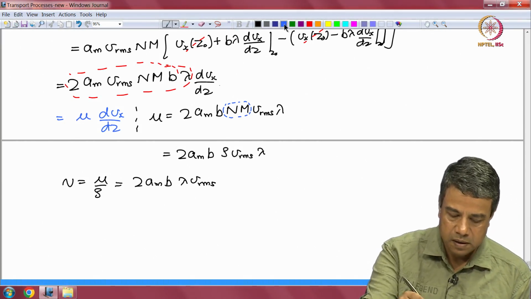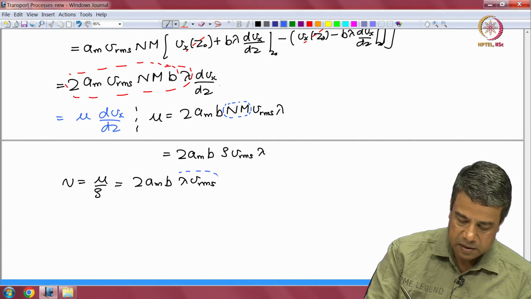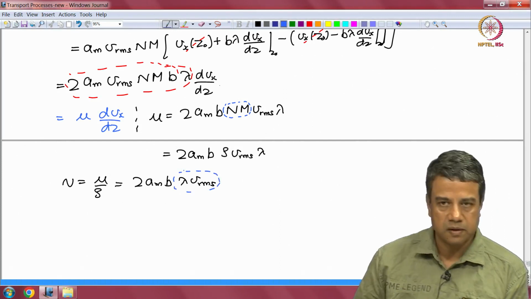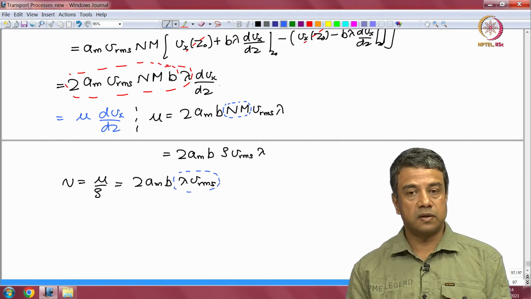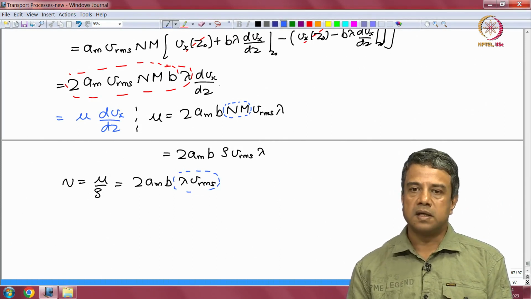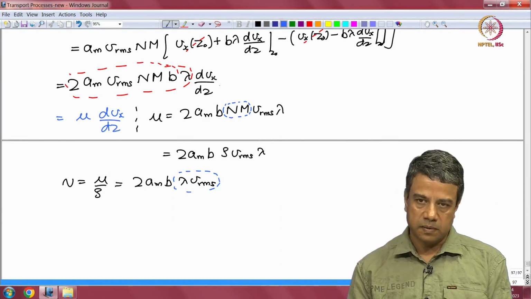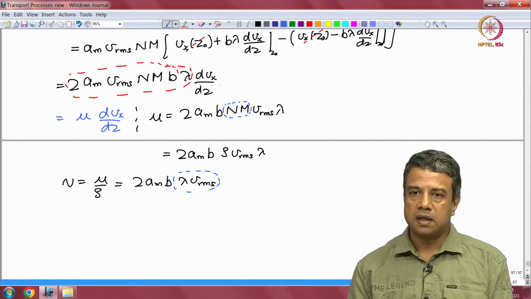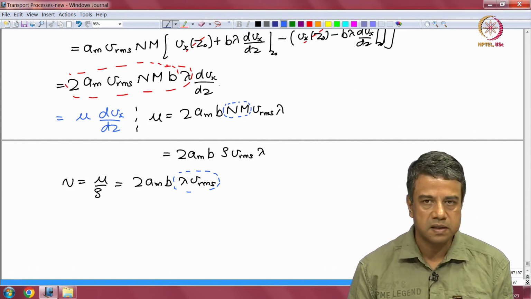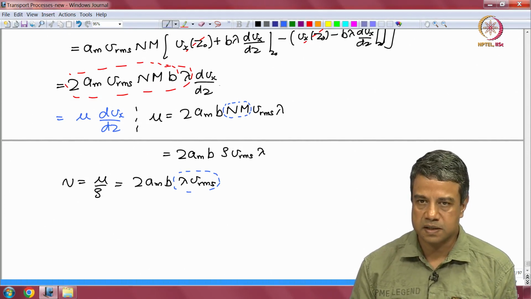This has the exact same dependence on the mean free path and the molecular fluctuating velocity as the mass diffusivity and the thermal diffusivity. They all have the same dependence. That is not surprising, because the mechanism is the same.